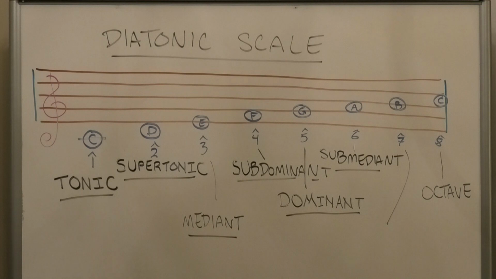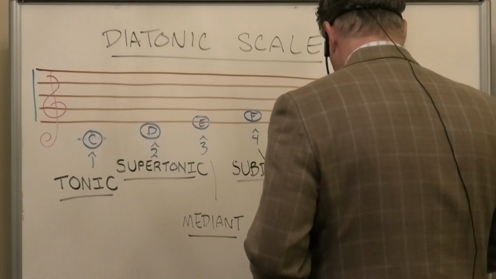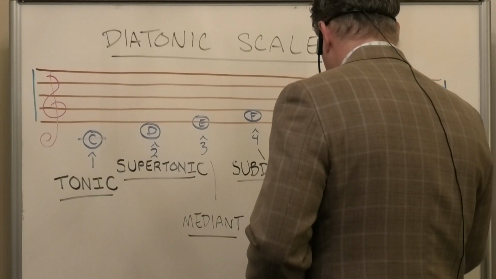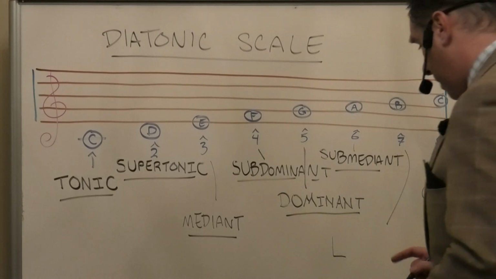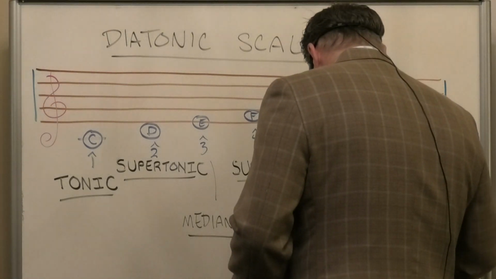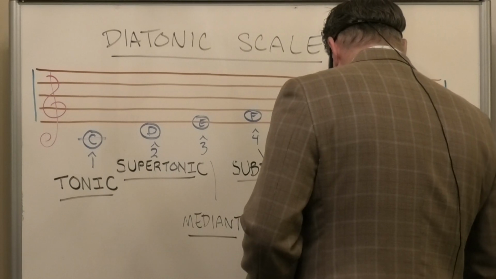The note before the octave is called the leading tone. And that's the word you're going to hear almost as much as octave, if not more. Leading tone. This is one of the most important terms in music.